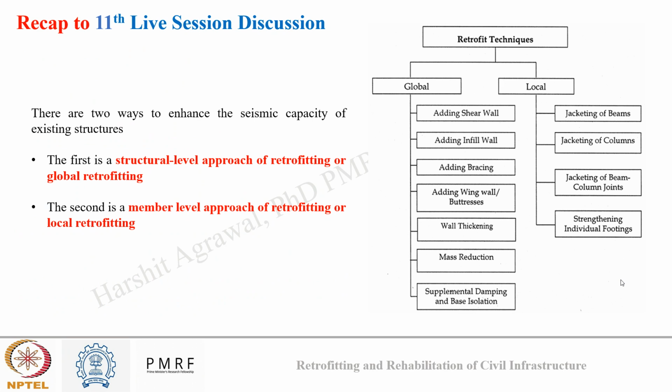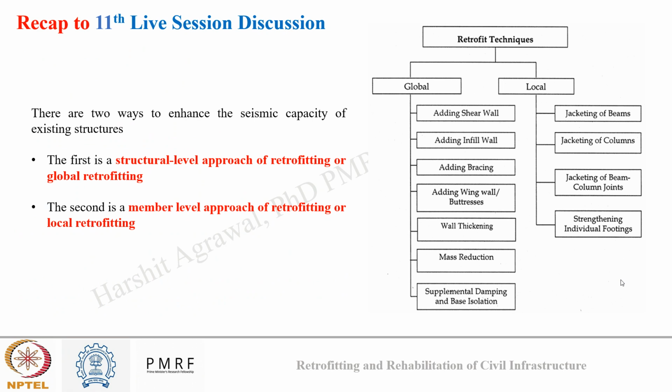Then, for achieving these measures of strength and ductility, we classified enhancement of seismic capacity of existing structure into two categories. First is the structure level approach of retrofitting or global retrofitting, where the complete structure undergoes seismic retrofitting. And second is the member level approach of retrofitting or local retrofitting, where a certain member is retrofitted against earthquake activity.